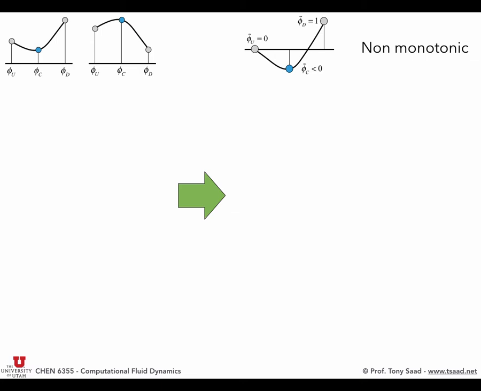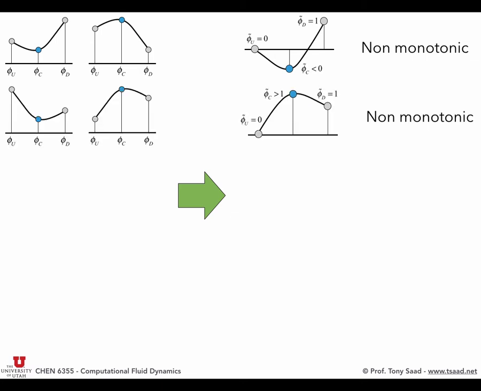I'm going to take a few examples to show when phi tilde is monotonic and when it's not. Obviously, when phi tilde is less than 0, we are non-monotonic, which is correct, because we started with non-monotonic functions. Let's take another case, where we switch the orders: phi upwind is greater than phi downwind, and phi c is less than both of those.